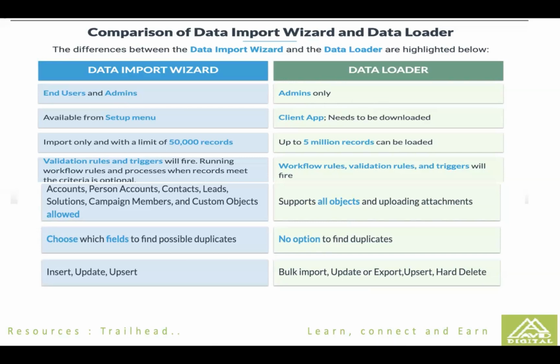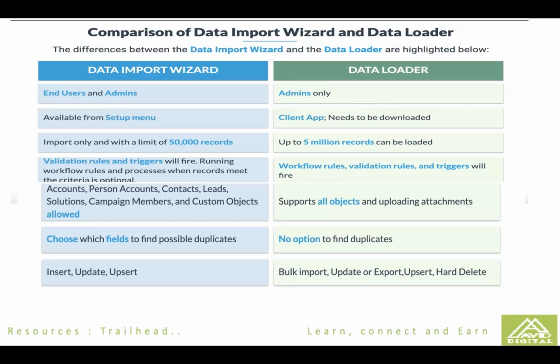Validation rules and triggers will fire when you are using data import wizard. If there is anything that a validation rule is fighting against, you will not be able to load that particular aspect of the record. Running workflow rules and processes when the record meets the criteria is optional.